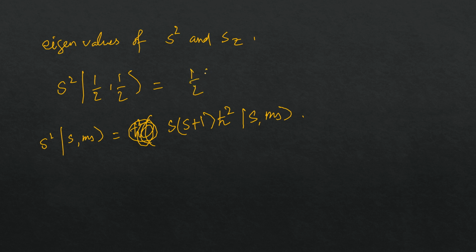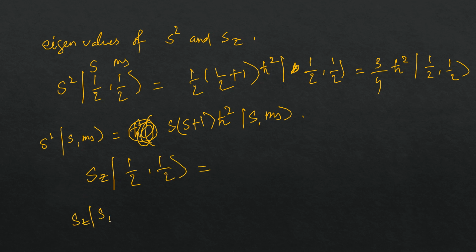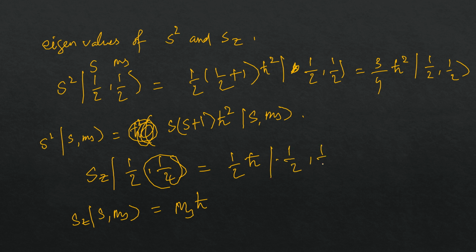So just put it here, half into (half plus 1), because this is your s, this is your ms. That becomes 3 by 4 h cut square |1/2, 1/2>. Now I will apply sz on |1/2, 1/2>. We know the sz eigenvalue is simply ms h cut. So ms is this one, half h cut |1/2, 1/2>. That is h cut by 2; if this is minus, this is minus.